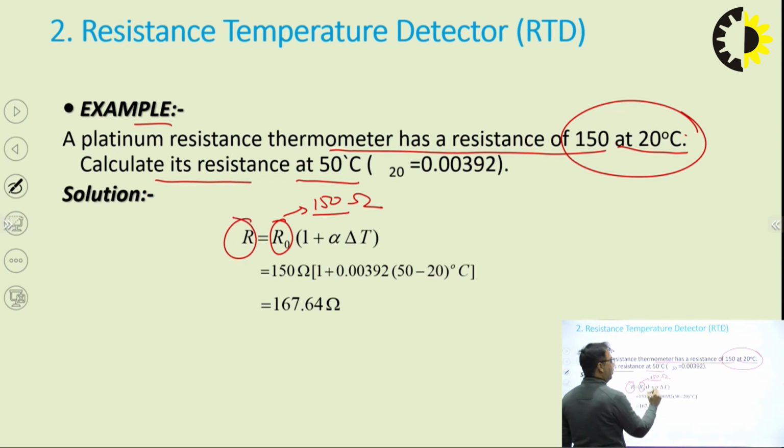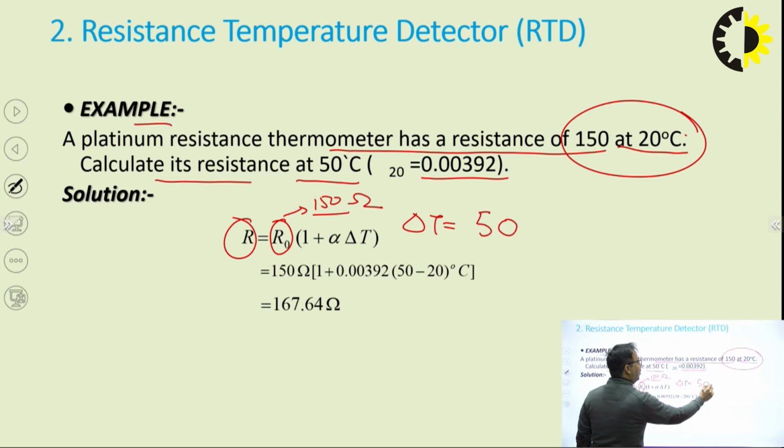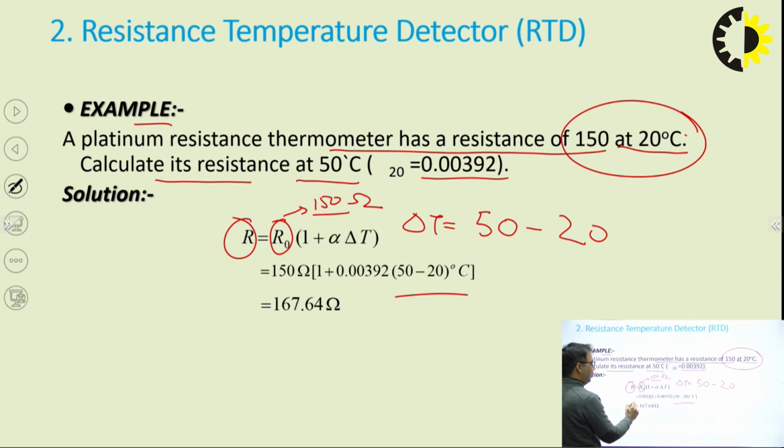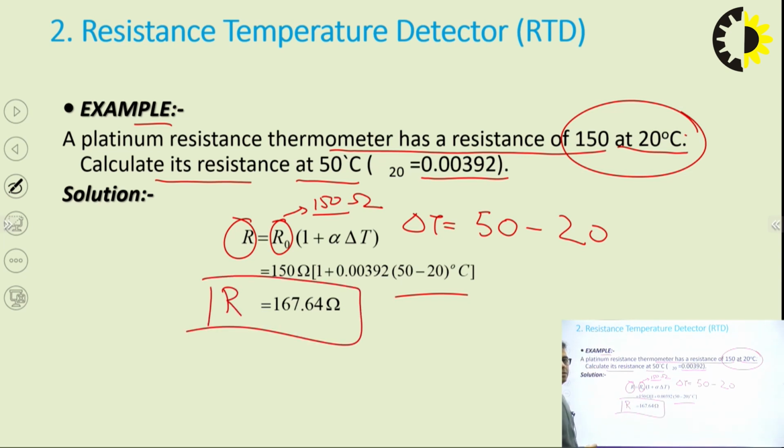Alpha is the temperature coefficient, which is given here, and delta T is the temperature difference, which is 50 minus 20, that is 30. When we put all these values, we get R is approximately 167 ohm.